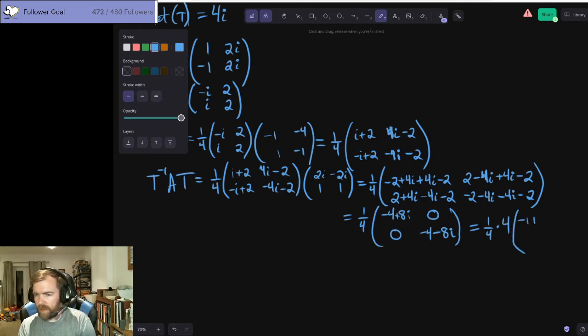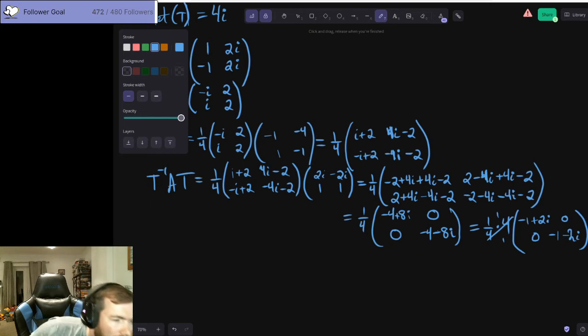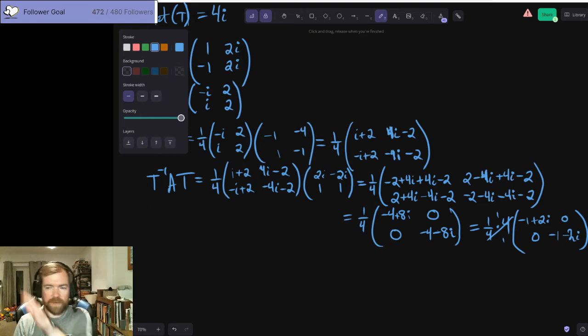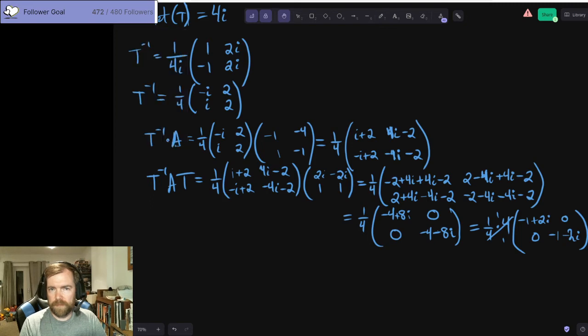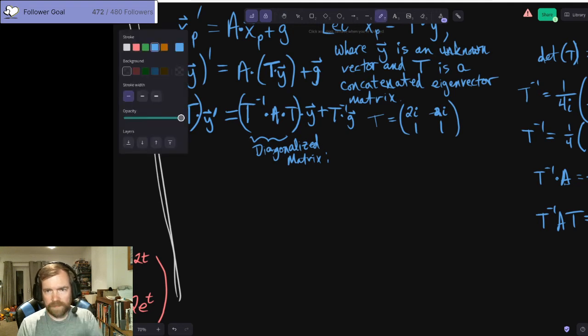Gets us a negative 1 plus 2i, 0, 0, negative 1 minus 2i. Alright, so at the very least we can verify in this particular case that this T inverse times A times T is going to get us a diagonalized matrix with our eigenvalues along that diagonal. So we end up with here, this is going to be y prime like that.